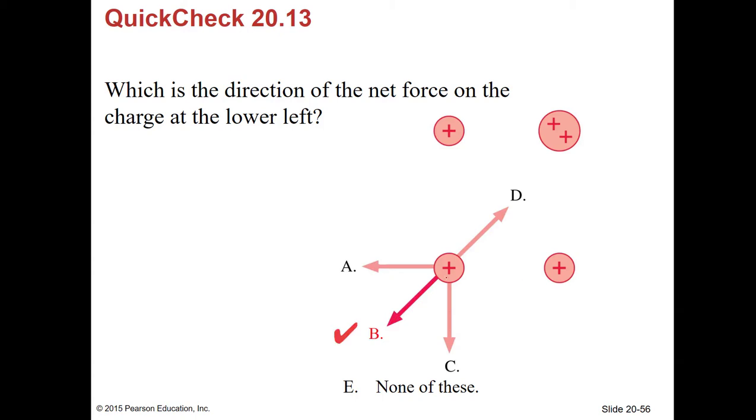So this one's actually the direction of the force. This positive charge here at the lower left is being pushed away by all of these, 1, 2, and 3, and the net direction is going to be down this direction. Okay, like charges repel.